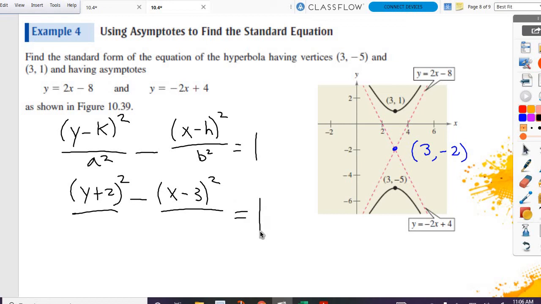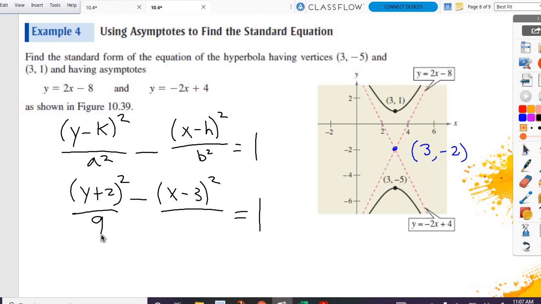So then what are we left to find? A and B. Do we know A? Yeah, remember A is going to be the distance from your center to the vertex. So how far does it take to get from 3, negative 2 to 3, negative 5? 3. So then I square it and we get 9. Are we all okay with that?